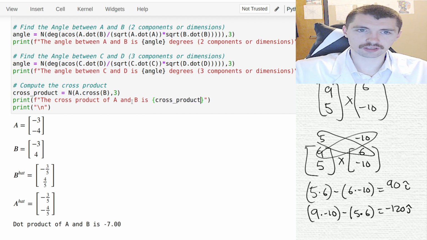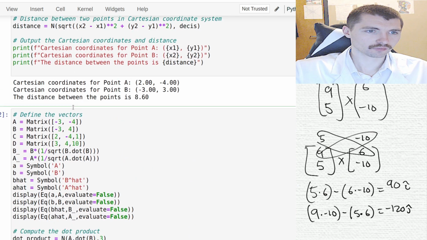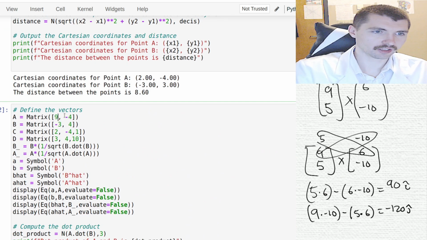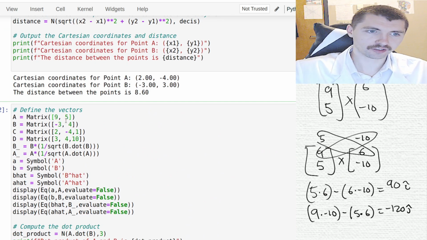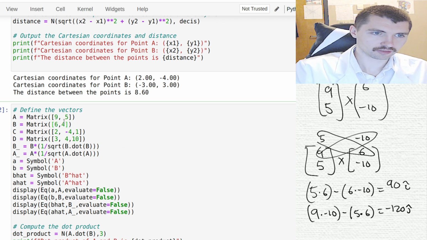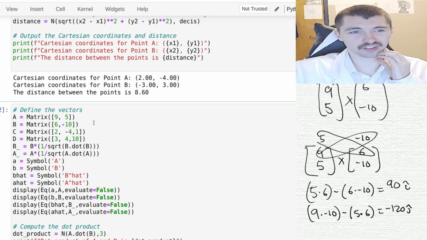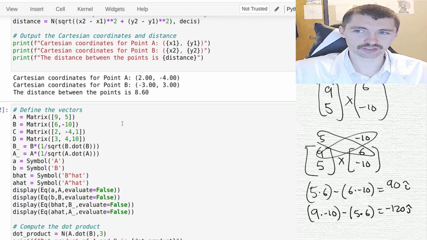Okay, so A dot B. We change these to 9 and 5 and 6 and negative 10. When I calculate this, it should be 90, 120.